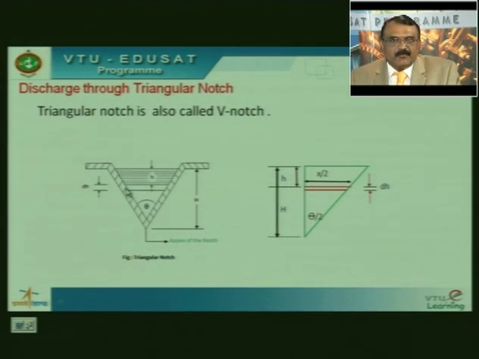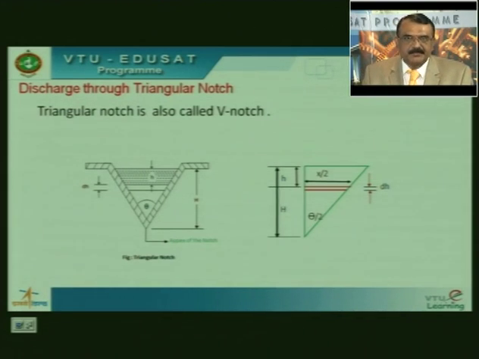Now consider a small strip of thickness dh at a depth h from the free surface.